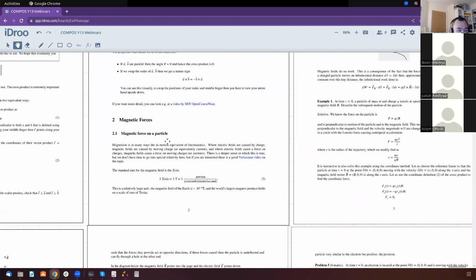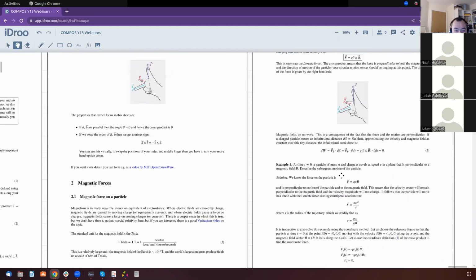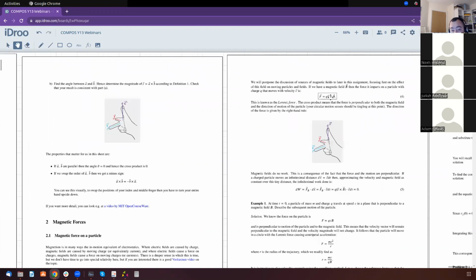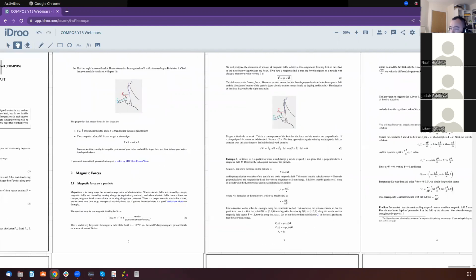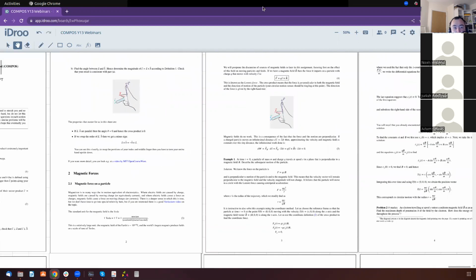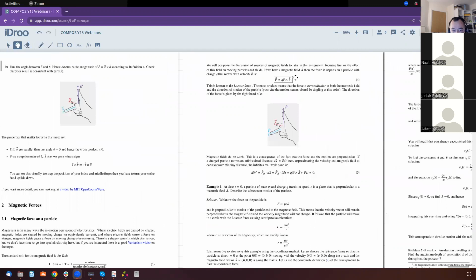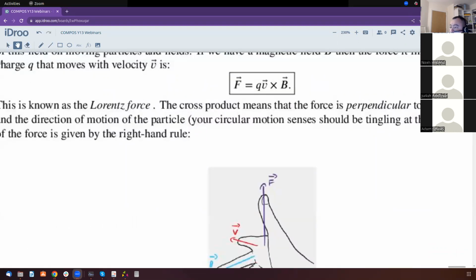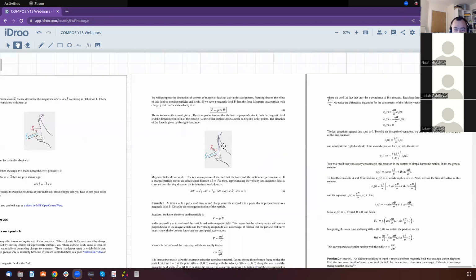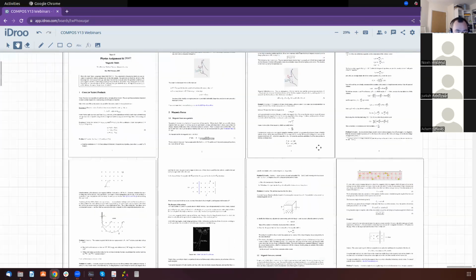Magnetic force is F equals QVB, which you should already be familiar with. Are you familiar with the formula QVB from school? Yes, no, yes. Good. Okay, pretty much as expected.